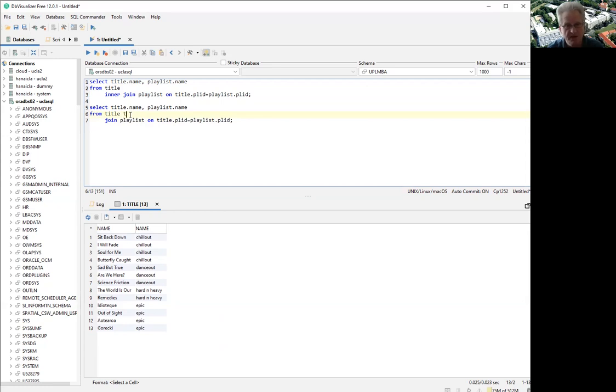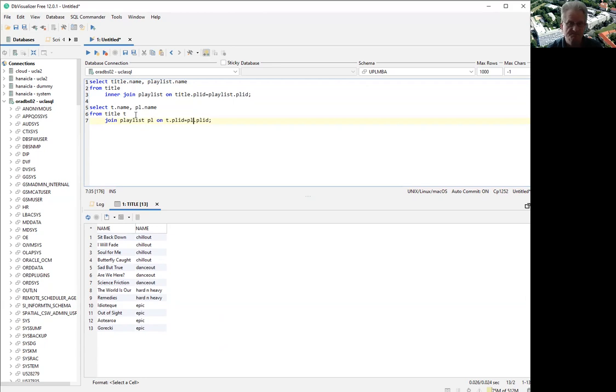So I just could write title T. That means the table title is renamed into T, and playlist I rename into PL, and then I use T.name, PL.name, T.name, PL.name. And that's perfectly equivalent.